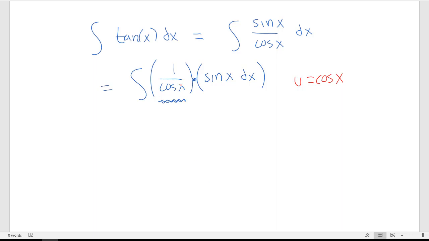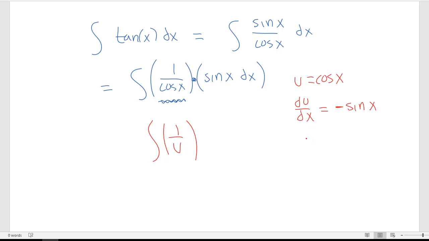What's the derivative of cosine? Well, negative sine technically, but the derivative of cosine is some sine form, and there is its derivative. So the u sub will actually work quite nicely here. So I really have 1 over u in that expression. Then we take the derivative of my u variable. The derivative of cosine is negative sine.